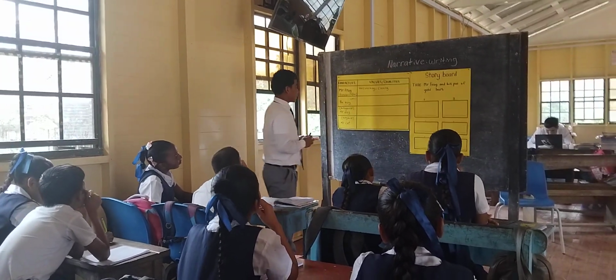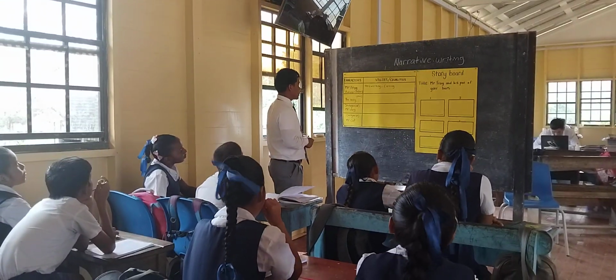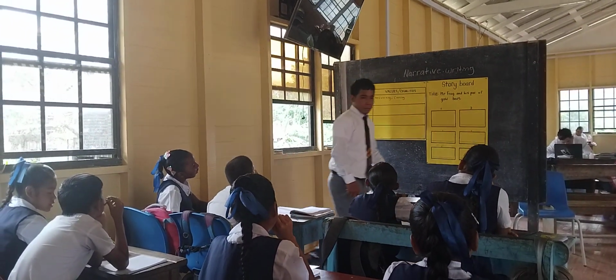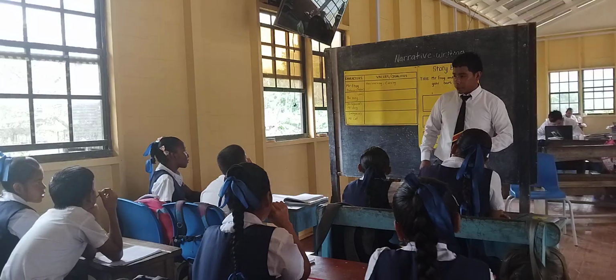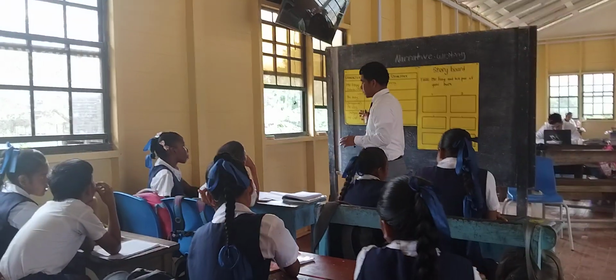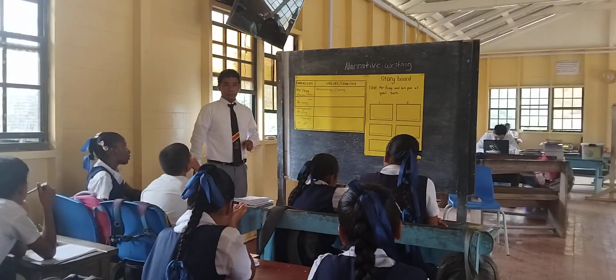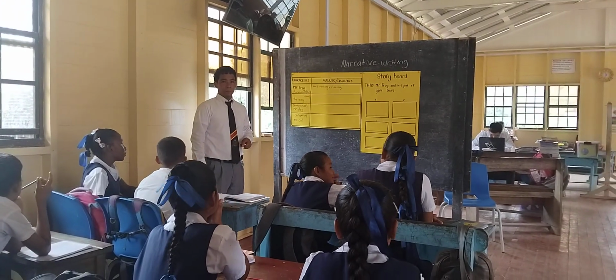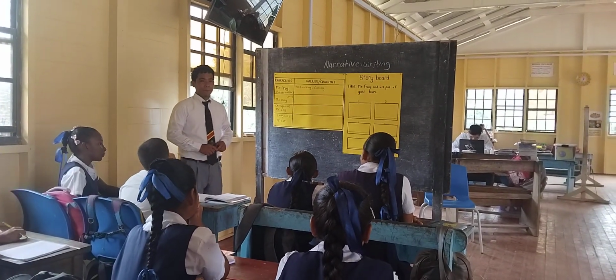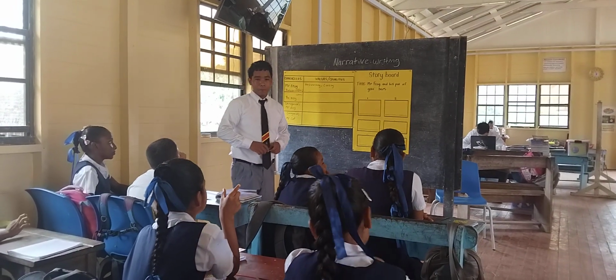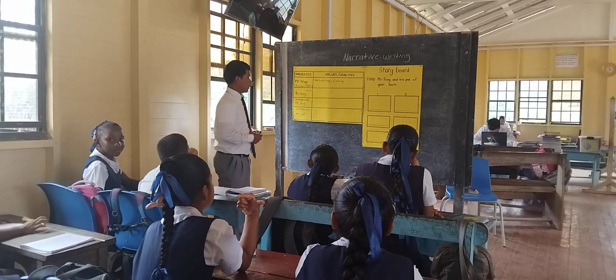Now we need some qualities of the boy. It's also important for Mr. Frog, right? Now what kind of qualities will we give him? What kind of qualities will we give the boy?